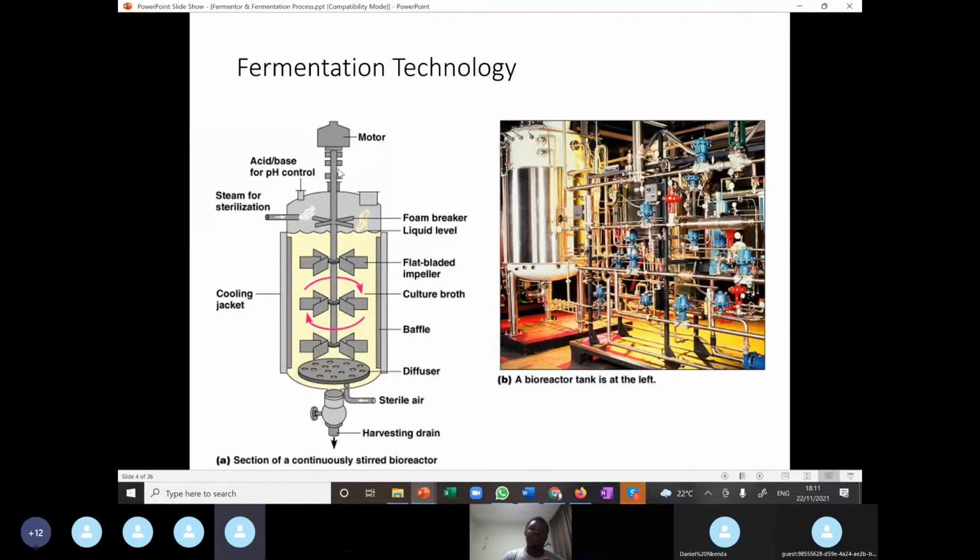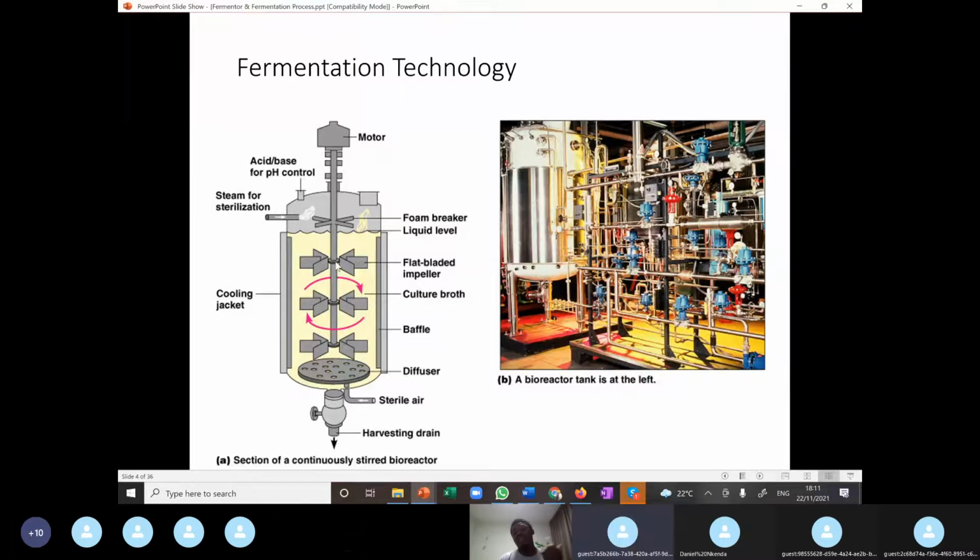So when the motor rotates, the impeller stirs the medium, distributing temperature evenly, distributing nutrients that have been introduced evenly, distributing oxygen and other gases evenly, and so on. Of course, as I indicated, this agitation process usually generates foam, which is again broken down by the foam breaker attached here.